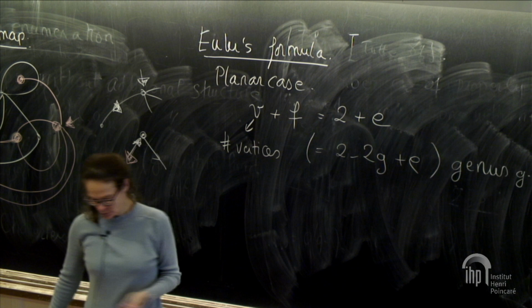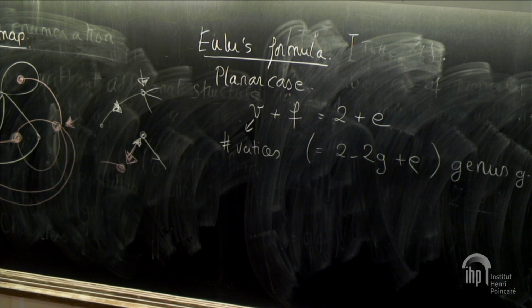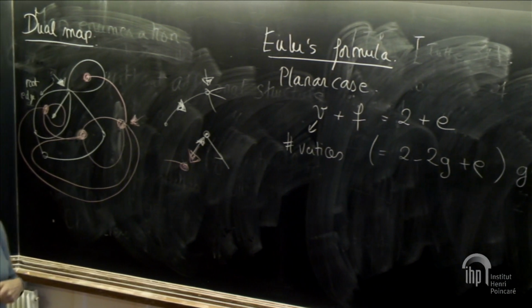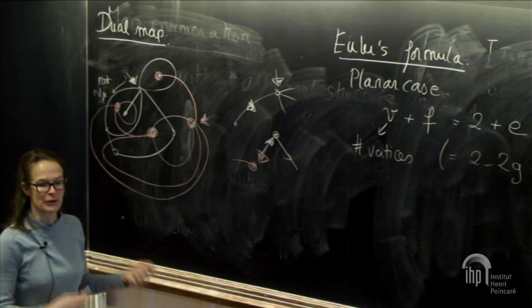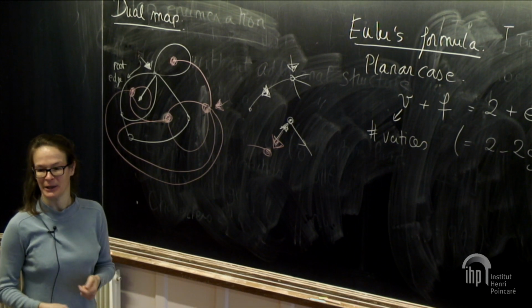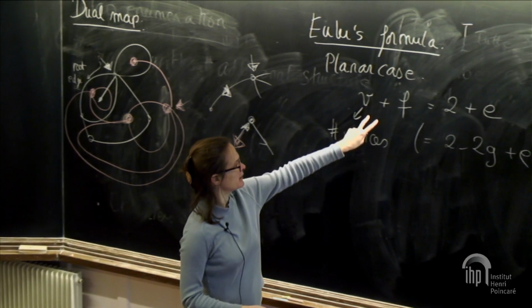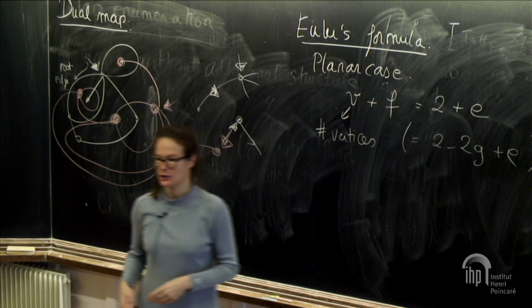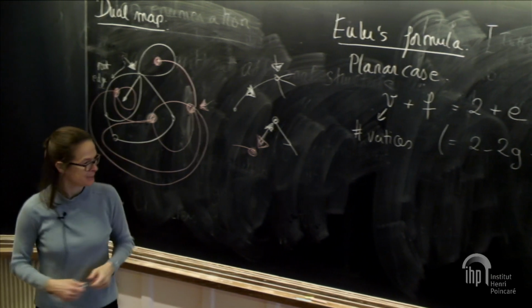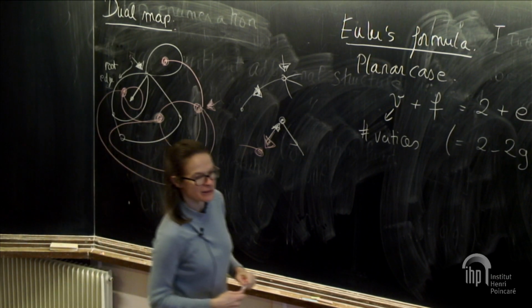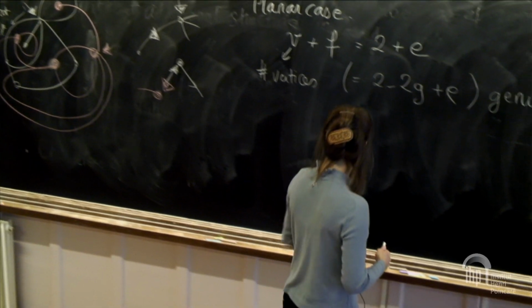So the only use we'll make of this formula is that it will be equivalent to count, say, triangulations by the number of vertices or by the number of faces or by the number of edges, by combining this plus the fact that you have a triangulation, but we'll come to that. Okay, so these were my definitions about planar maps.